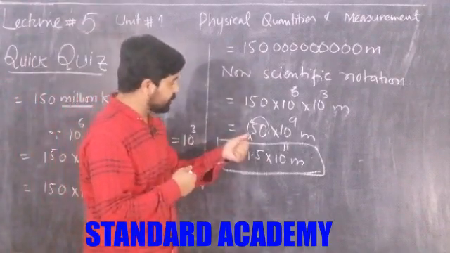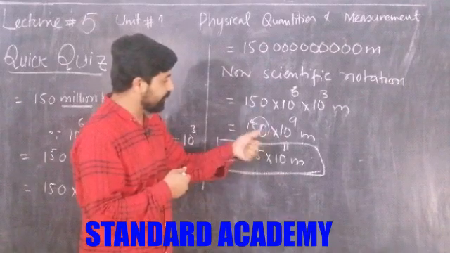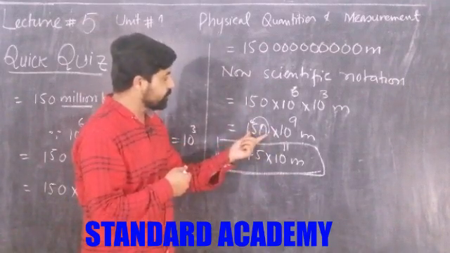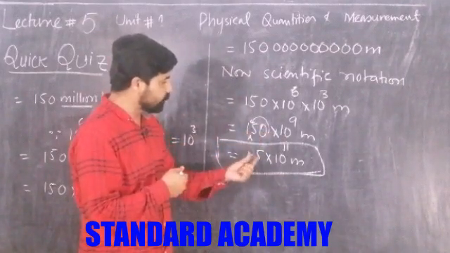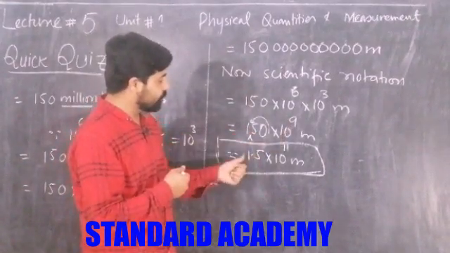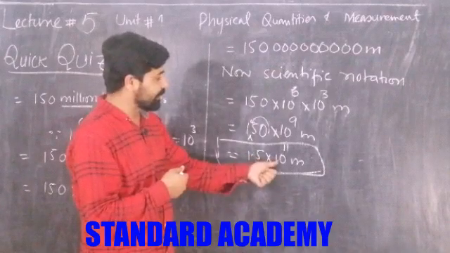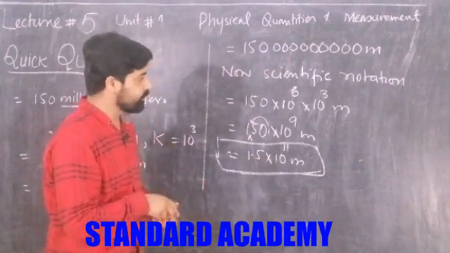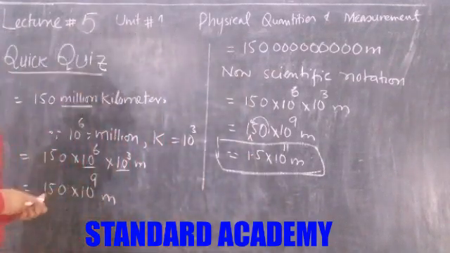So the first non-zero digit is 1. By shifting the point from here to here, this will give us 10 to the power 2, which after adding in 9, we will get 1.5 times 10 to the power 11. So that is question number 2.